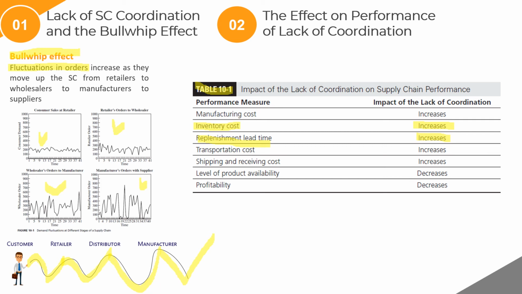And then another example is the level of product availability, which may be decreased due to the lack of coordination, because the large fluctuations in orders make it harder for the firm to supply all distributor and retailer orders on time.